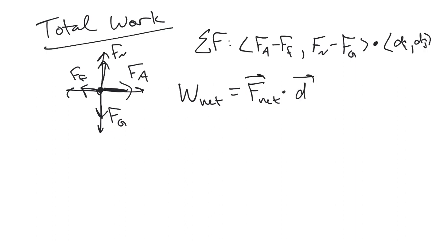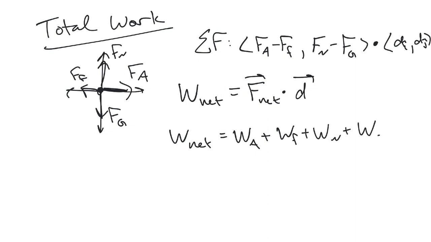Or you can find the net work by adding up the work from each force: work from applied plus work from friction plus work from normal plus work from gravity. Now, what you would notice maybe about this situation is your normal force and your gravity are probably going to cancel out because they're in the y component, and chances are your box is not moving in the y direction.